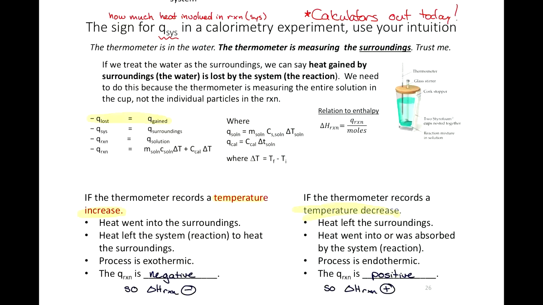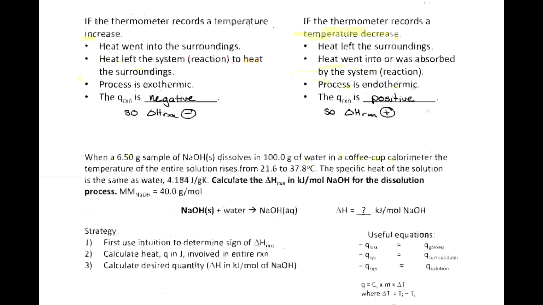How we measure the surroundings is with the equations we talked about in prior sections, where we're going to use q = mcΔT or q = CΔT, depending on what that system is. So let's jump into it and see if we can use our intuition. First, get the sign of the process correct, and then calculate it numerically.